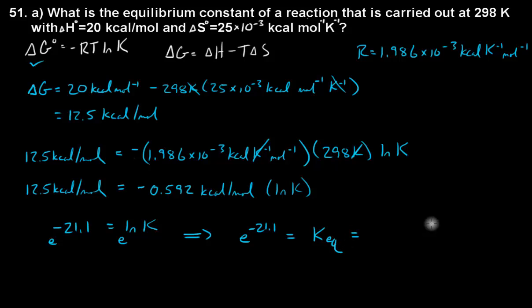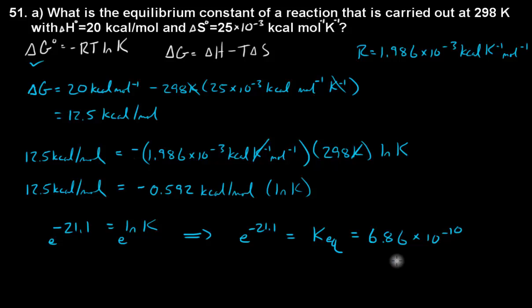Now all we have to do is a simple plug and chug, and if you plugged everything in correctly, you'll get a Keq of 6.86 thereabouts times 10 to the minus 10.